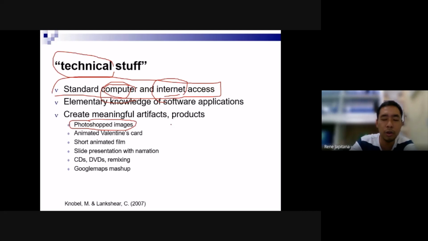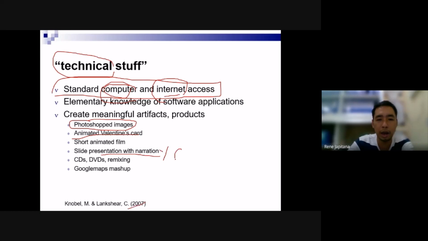I hope that you have those skills, visual graphic design, animation, paper tarpaulin, publication, Excel, and the rest of the applications in the computer. Slide presentation with narration, or today, that is already old, that is from 2007.